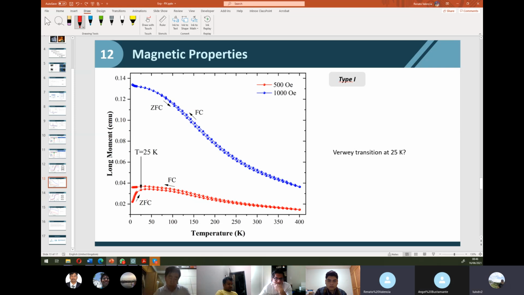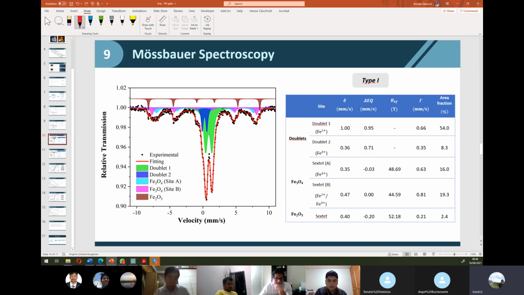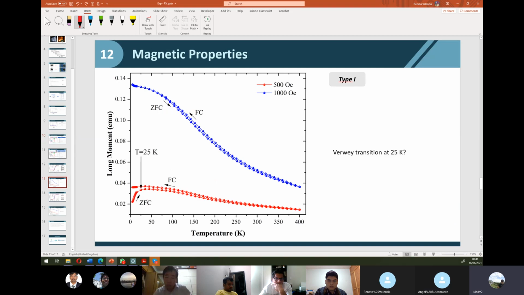Okay, Renato, let me interrupt there. Renato, in the magnetization versus temperature, apparently that is not the Verwey transition. I know that Verwey transition is roughly 118. However, yes, there are some reports that the Verwey transition changes a little because of the size of the grain, but apparently that is not the case there.